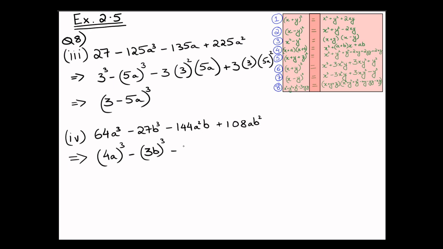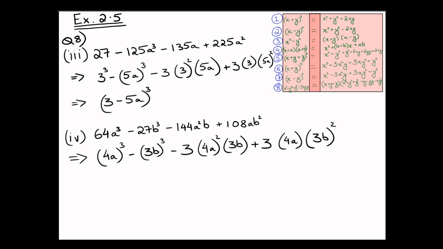The negative term will be minus 3 into 4a square into 3b. We can validate this. 16 times 9 is 144. So we write this is plus 3 into 4a times 3b square.